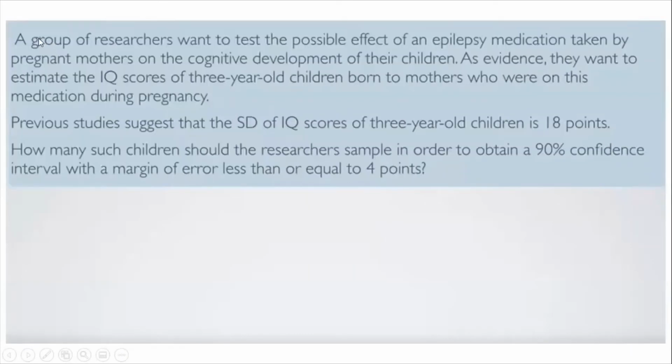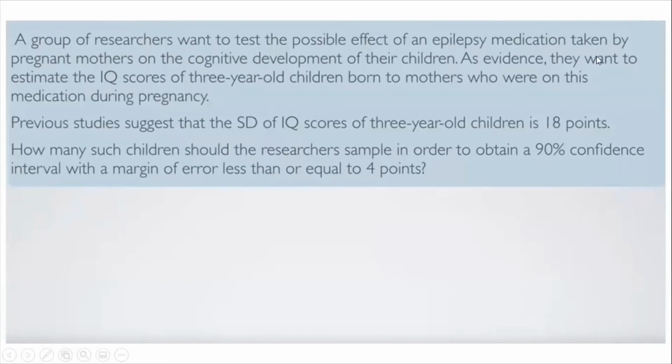Anyhow, let's take a look at this example. There's a group of researchers who want to test the possible effect of epilepsy medication taken by pregnant women on the cognitive development of their children.